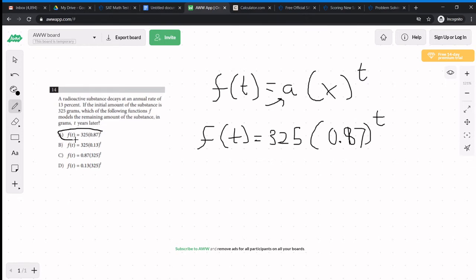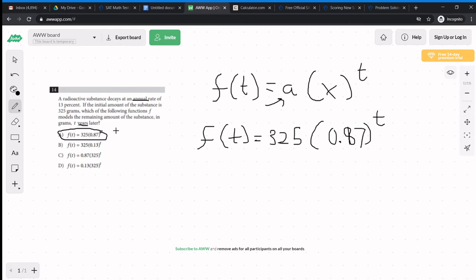You can use a similar formula for every single exponential function that you come across. This t will only ever change if it's asking something like, if t is years, how much would it change? But it changes by 0.87 every year. As long as it's an annual rate and it's years, or a monthly rate and it's months, as long as the rate and the unit of time are the same, then it's perfectly fine.